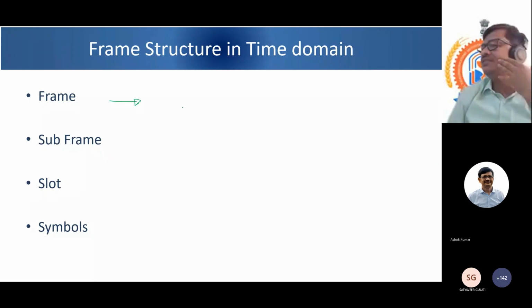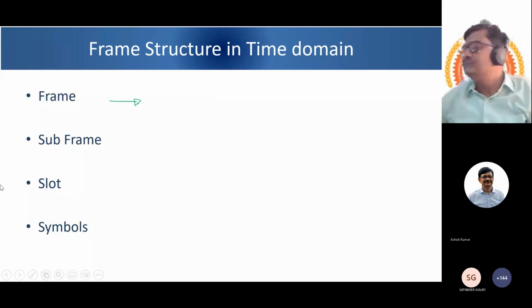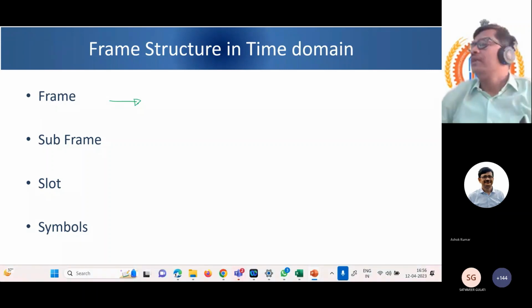Can somebody tell me what the frame structure in 4G is, so that we can also talk about 5G? Please use the chat box in case you want to answer this question. Anyone?